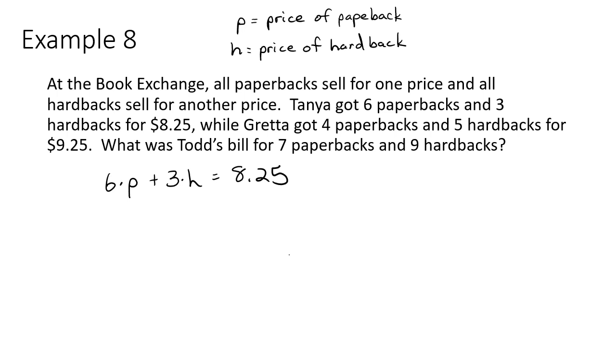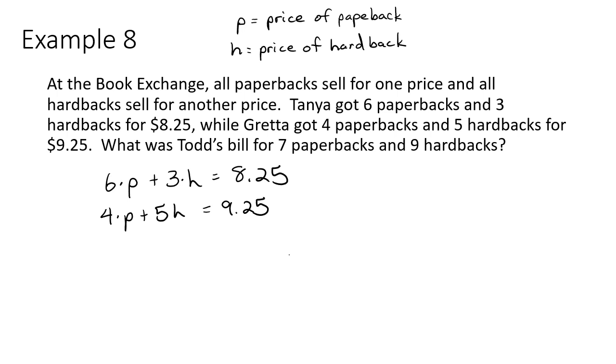Similar for Greta, 4 paperbacks would be 4 times p, plus 5 hardbacks for 5 times h, and that equaled a bill of $9.25. So our first step is going to be to solve this system of equations for p and h, the price of the books.